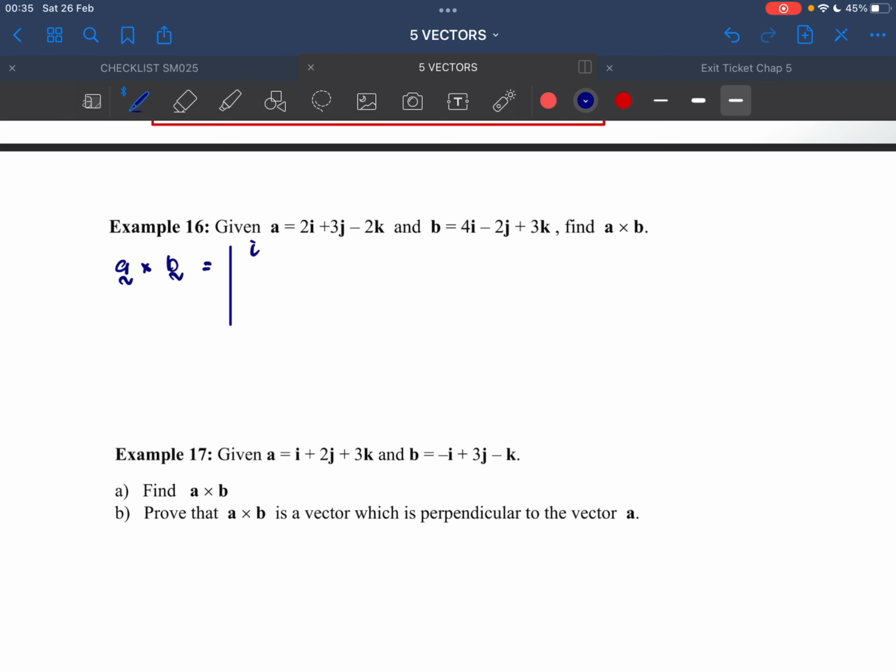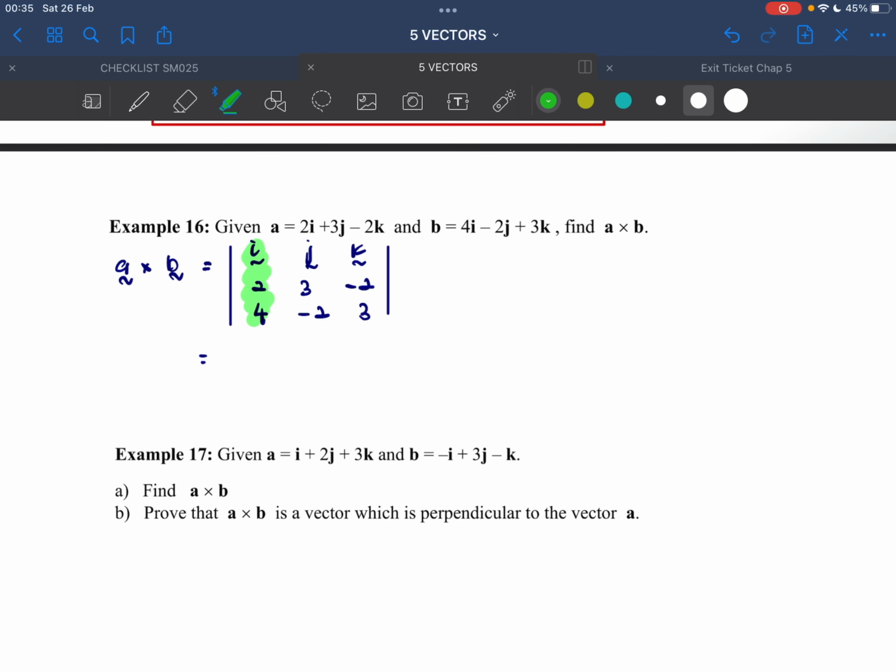So let's write I, J, K here, and here we have 2, 3, negative 2 for your A, and for your B 4, negative 2, 3. So that is the determinant. Now we are going to find the cross product. The first part, we close this one here.